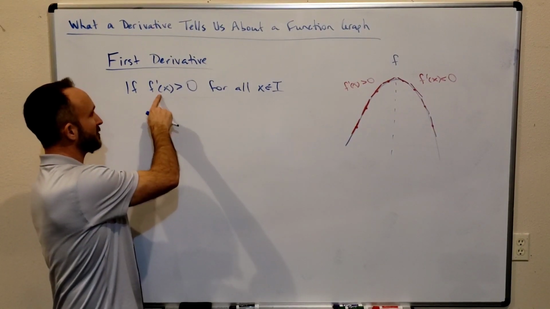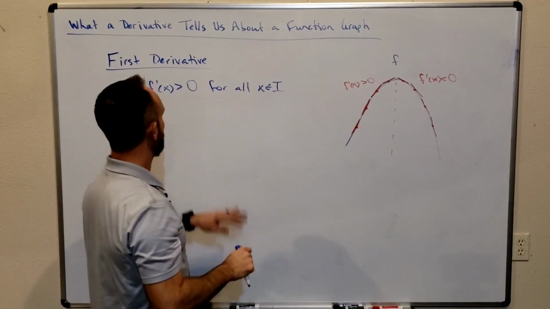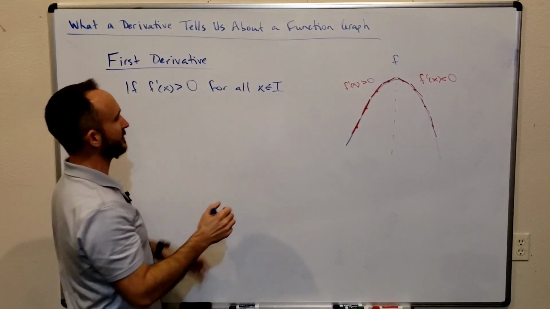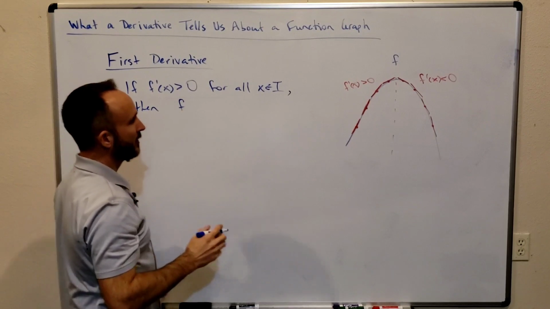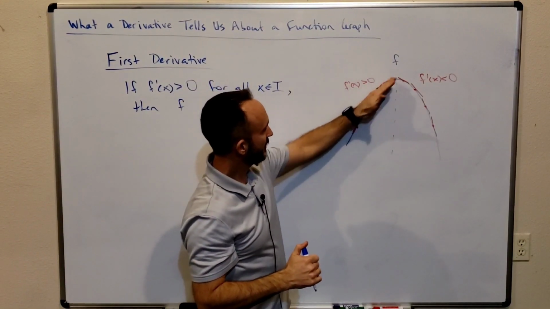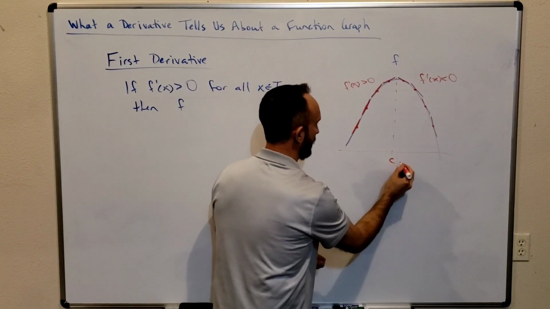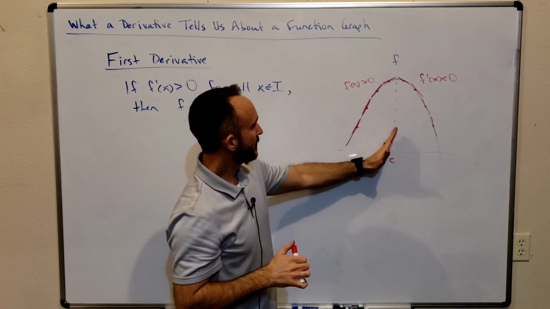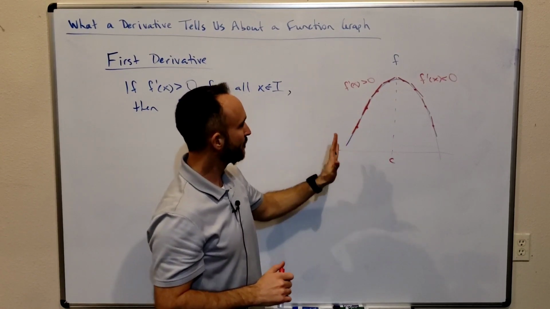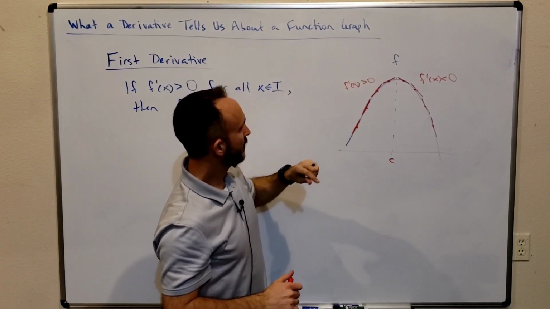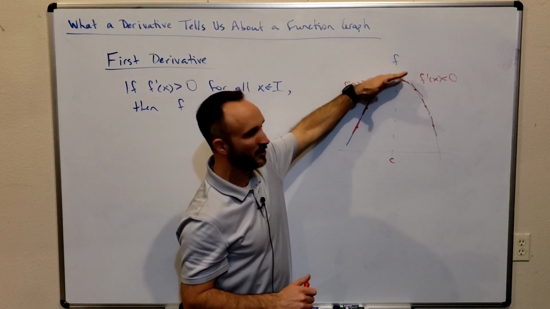If the derivative is positive for all the x values in an interval, so you can't have it positive just at a single x value, then f, the original function, like we have over here on the left side, let's give this graph an x-axis and call this value c, we could say f prime of x is greater than 0 for all the x values less than c. And since that's an entire interval, this implies that the f graph has to be going up if our tangent line slopes are positive.